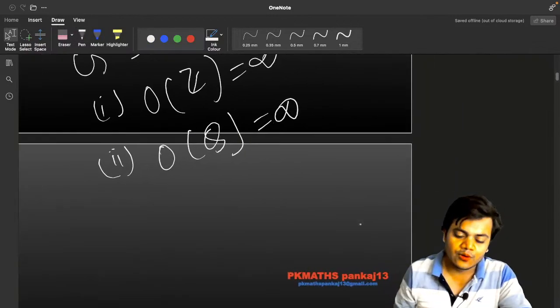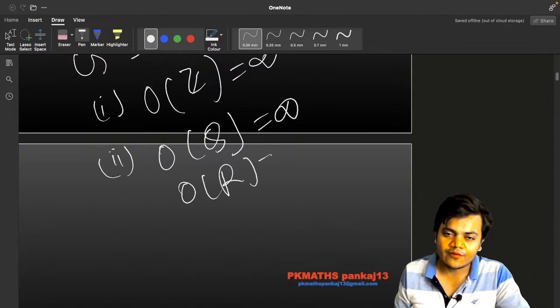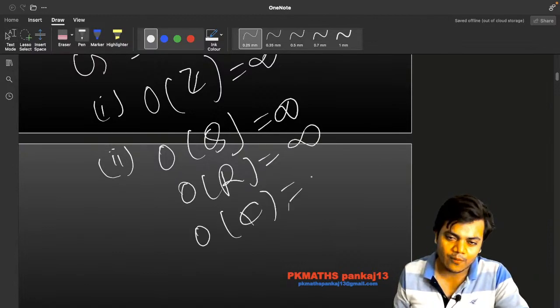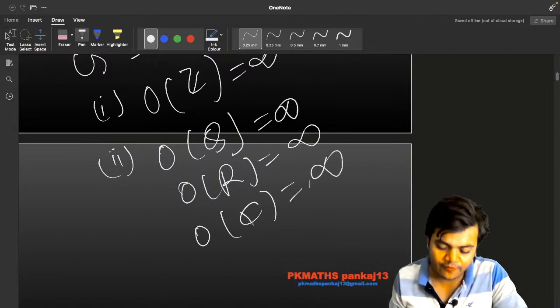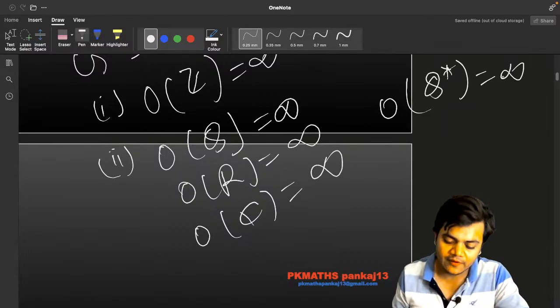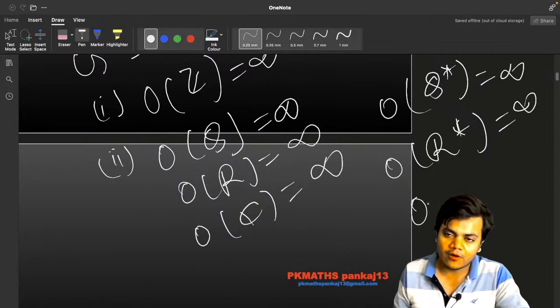The order of R, the set of reals, is also infinity. The order of C, the set of complex numbers as a group, is also infinity. The order of Q star, the non-zero rationals, will be infinity. The order of R star with respect to multiplication is certainly infinity, and the order of C star is certainly infinity.